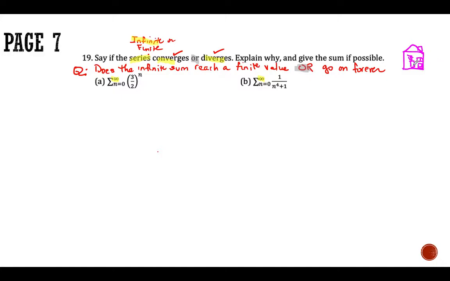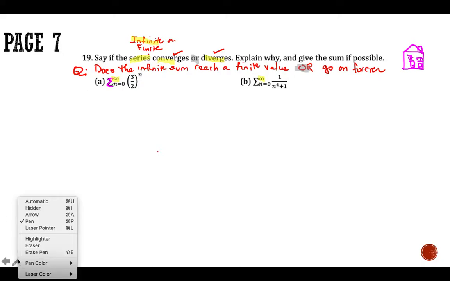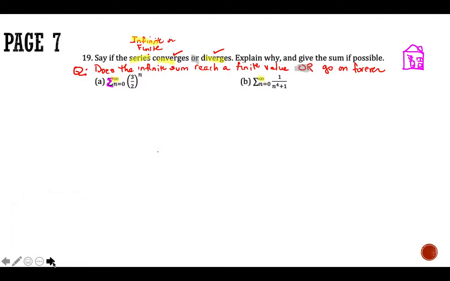I want you to think of an infinite sum as layers in the house. So when I start at 0, I have the 0 term. Then I add another term, and I add another term, and I add another term.